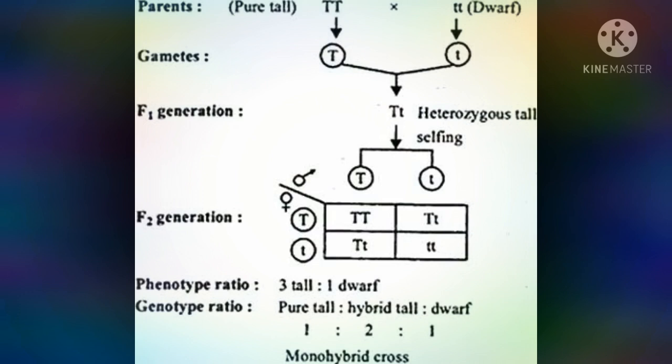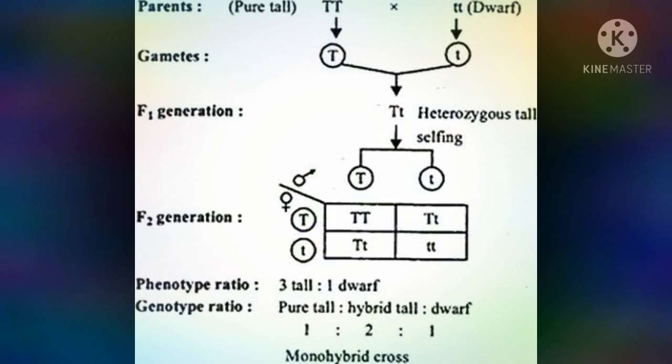As the factors separate during gamete formation, the F1 hybrids will produce two types of gametes in equal proportion, 50% capital T and 50% small t. Similarly, 50% of female gametes will have capital T and 50% small t.